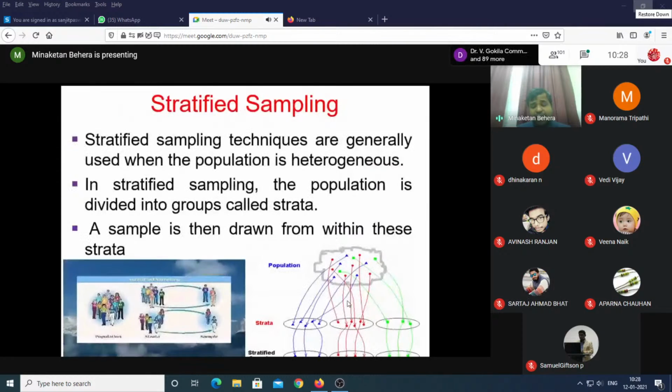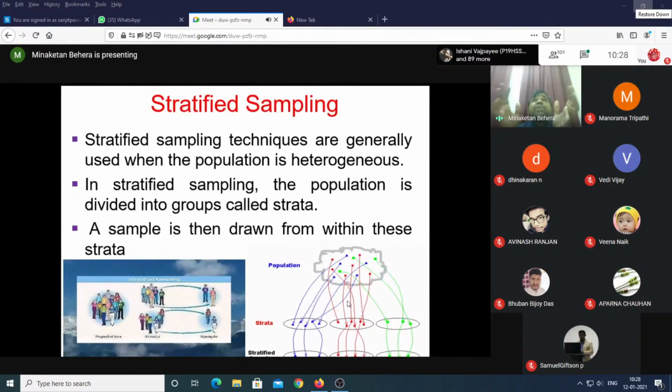If you go for another one, that we call stratified random sampling. It is one of the best methods in terms of probability sampling. Now you have seen simple random sampling and systematic random sampling. The third one is stratified random sampling.